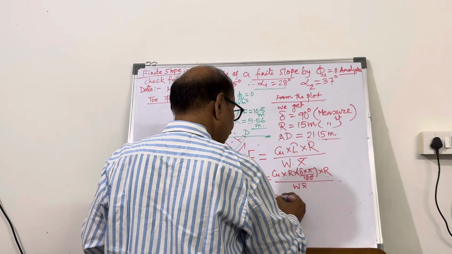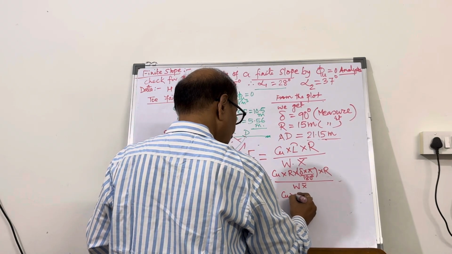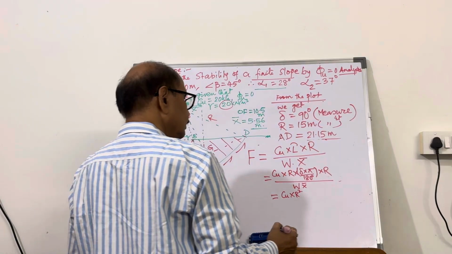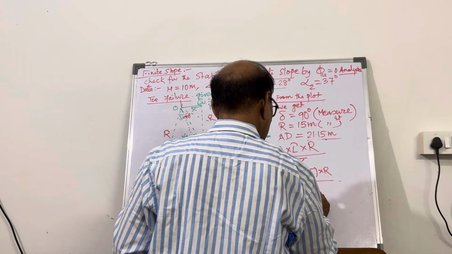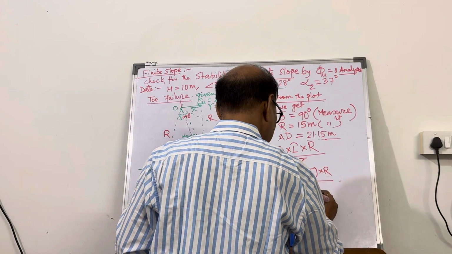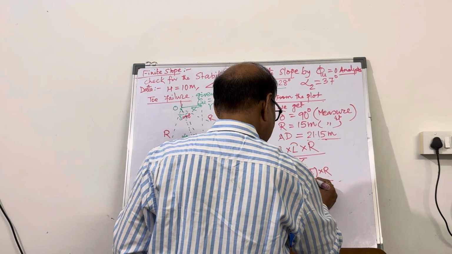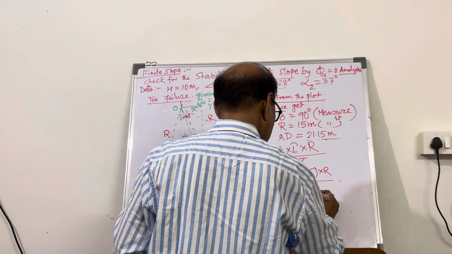So what you are going to get is Cu into R square multiplied by delta, that is 90 divided by 180. So it is going to be 0.5 into pi.